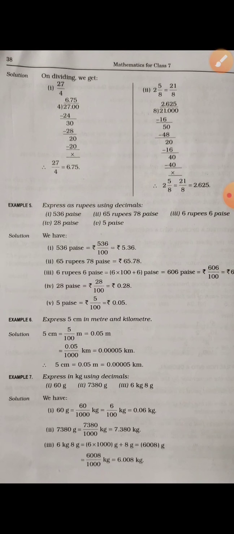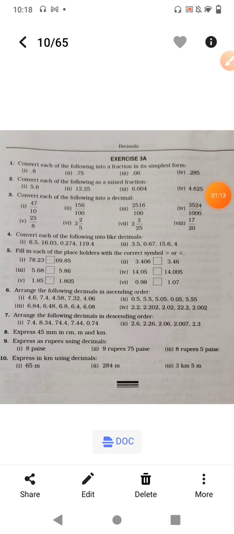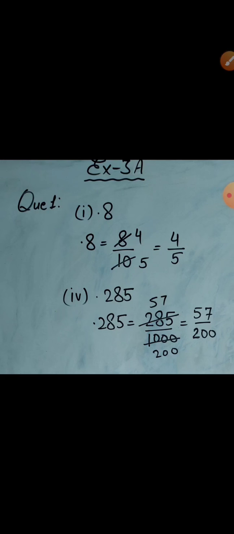Now the next is, now come to the exercise. The question number first of exercise 3A, convert each of the following into fraction in its simplest form. So we already have done this. Now see the first one, I am showing you again, 0.8.